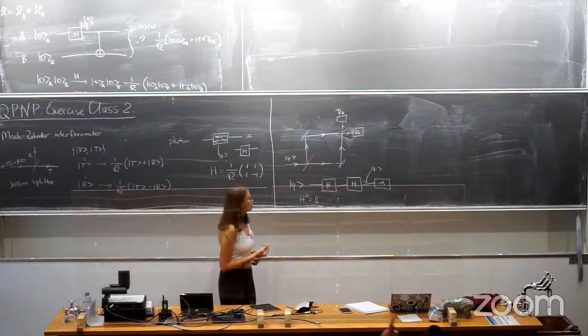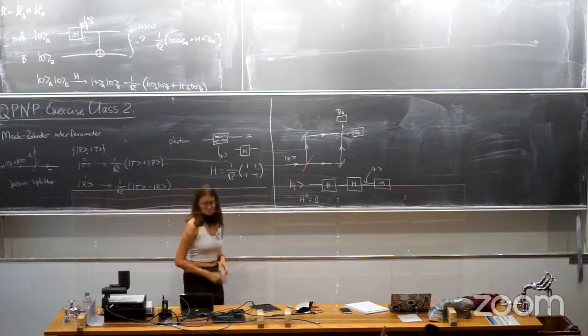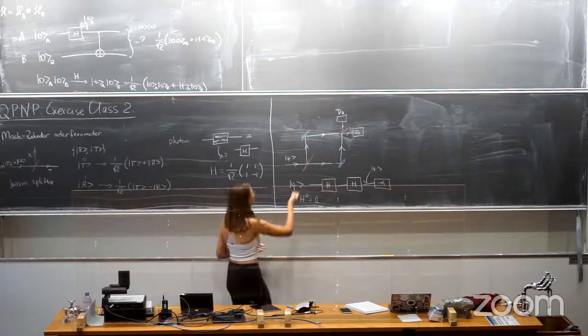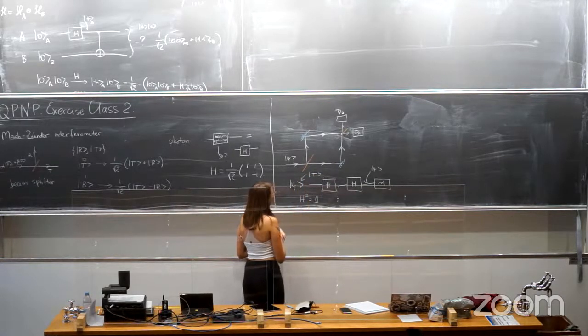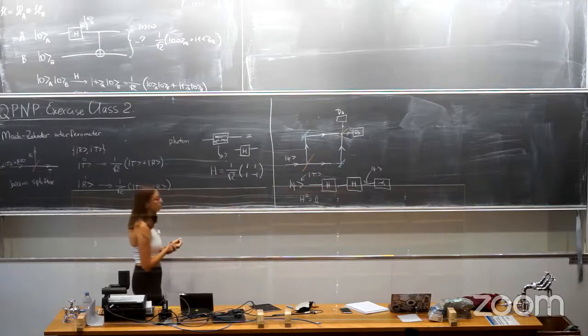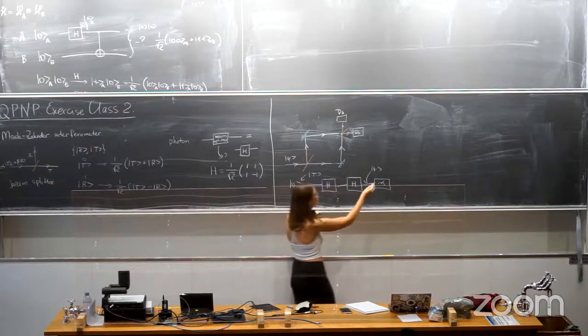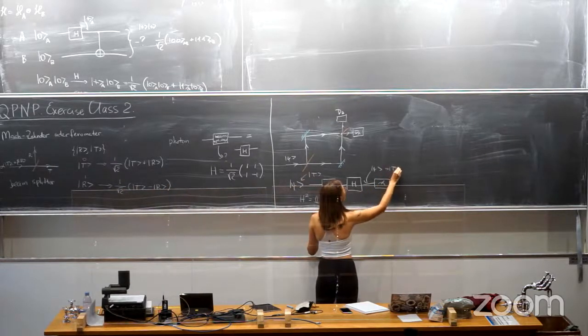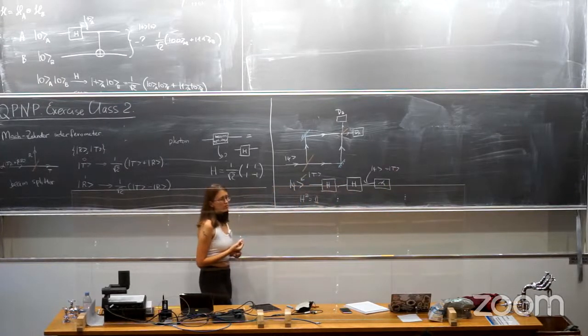So for example, just to make sure you understand, if the initial state of the photon is T, then the final state would also be T. And then I measure in the T R basis, and only one detector will click with certainty, and the other will never click.